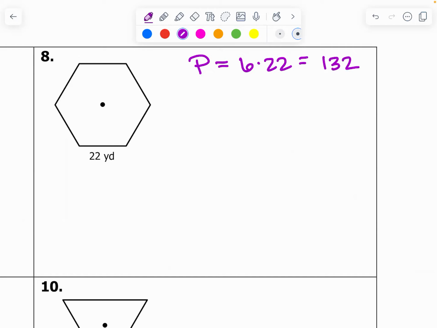What do we need to find? We need to find the apothem.